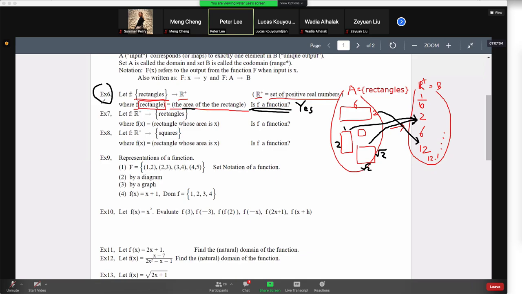Of course, I can create another function where the input is a rectangle, and then make the correspondence to the perimeter of the rectangle. I can create a function like this, G of a rectangle is equal to the perimeter of the rectangle.